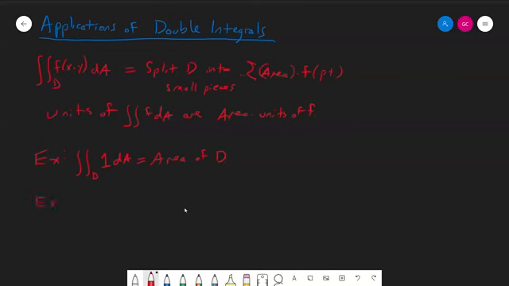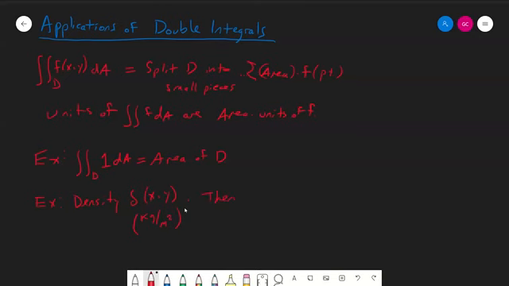Or for another example, suppose you have a density function of a thin plate, maybe given by delta of x y. So the units here might be something like kilograms per meter squared, or in general, units of mass per area.